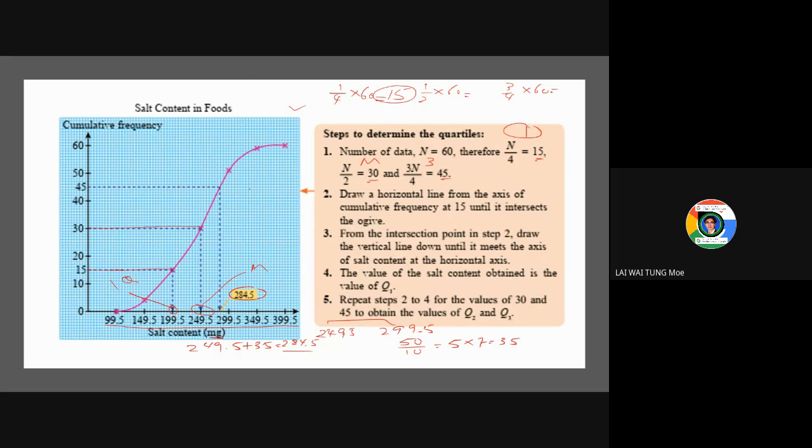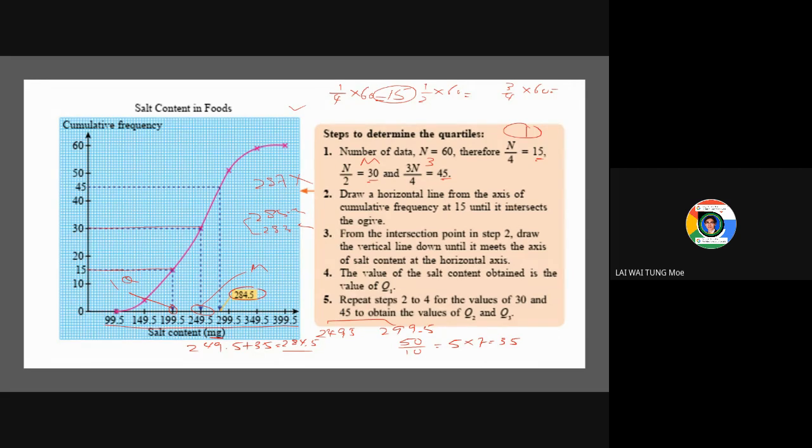You can give your answer as 285.5 or 283.5, and answers within this range can be accepted. But if you give 286 or 287, it is out of range and the answer is wrong. So you have to find it exactly the same or plus minus 1.